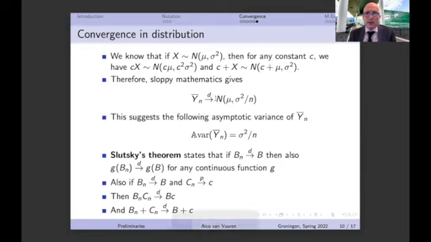You might say that that cannot be correct, because the sample mean is not going to converge in distribution to something. According to the law of large numbers, the sample mean is actually going to converge in probability to the population mean. That is already what the law of large numbers says.